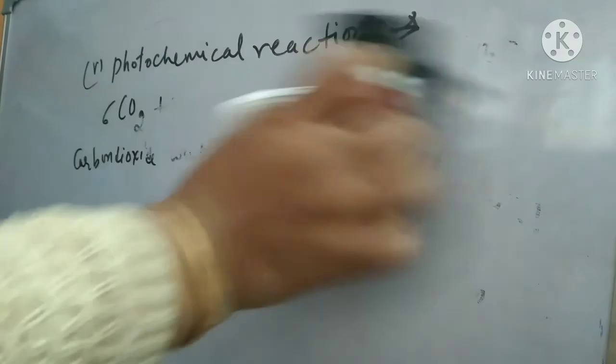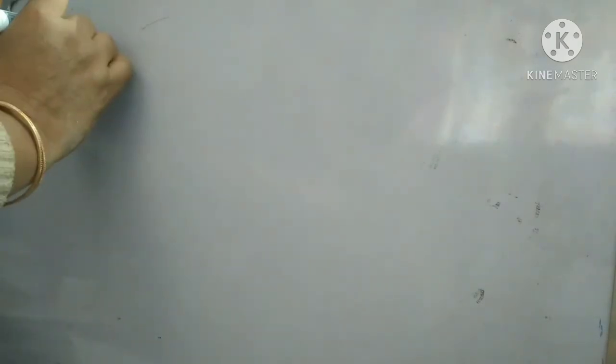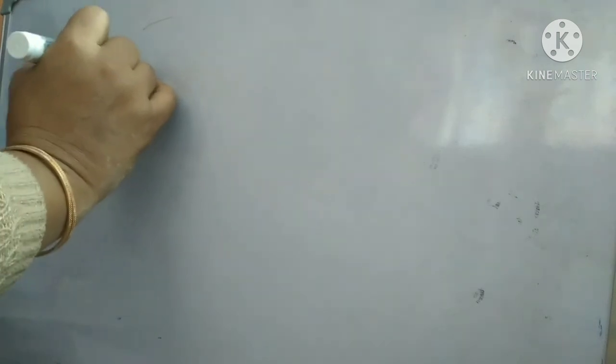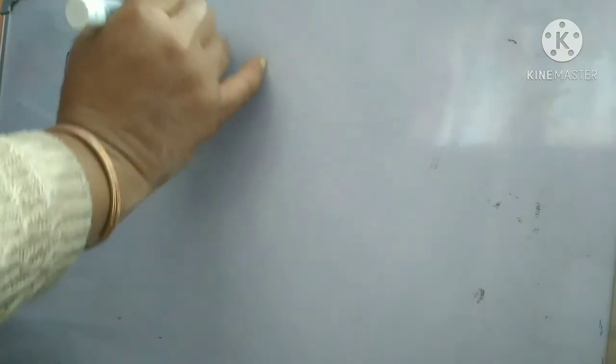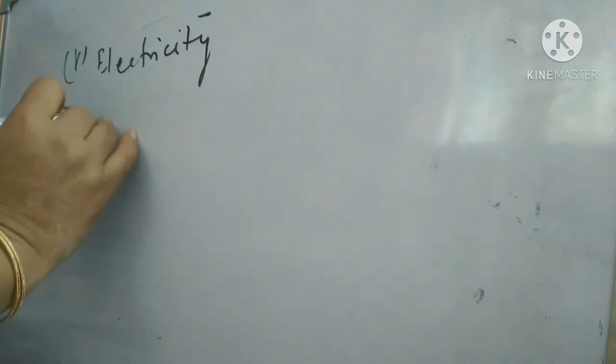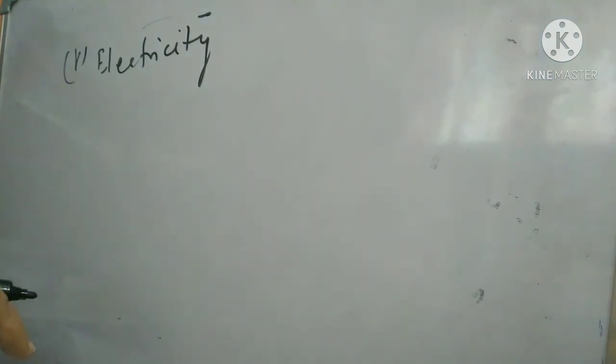Some of the reactions take place in the presence of electricity only, when the electric current is passed through them. One of the most common examples here is the decomposition of water, that is acidified water. When we pass electric current through acidified water, meaning water plus acid, dilute sulfuric acid we mix to make water an electrolyte, because water is not a good conductor of electricity.